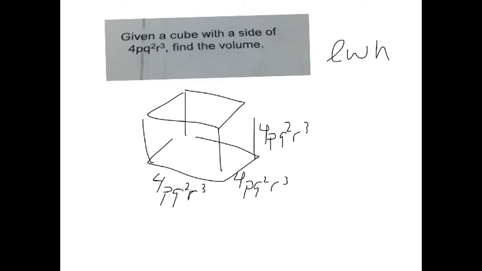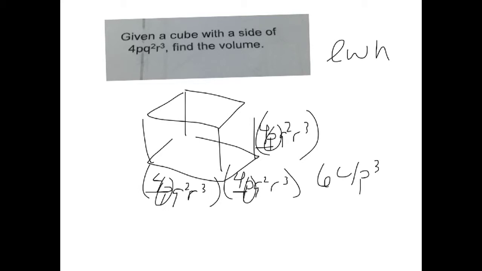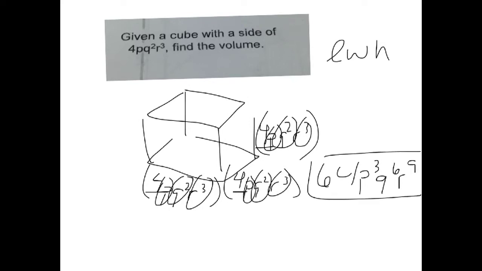So we're just going to multiply these all together. 4 times 4 times 4. 4 times 4 is 16, times 4 more is 64. p^1, p^1, p^1 makes p^3. q^2 plus 2 more plus 2 more is q^6. r^3, r^3, r^3, 3 plus 3 plus 3 is 9. And that is the answer to that one.